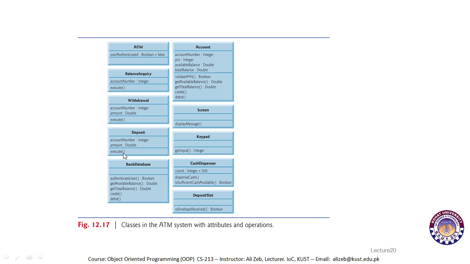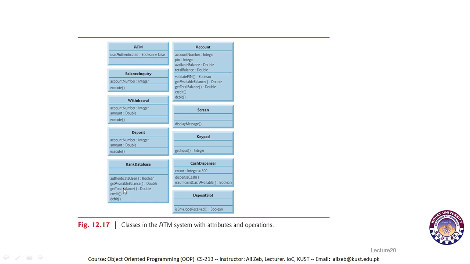We have an execute that will execute the deposit function, and then we have dispense cash for the cash dispenser, but it needs to check if it has enough cash available. And then we can see that our bank database needs to authenticate the user.